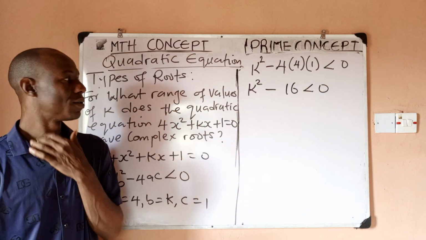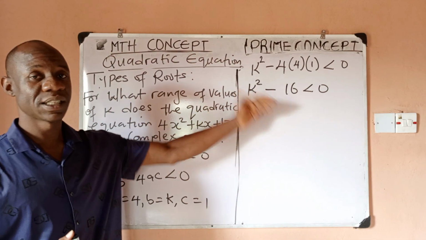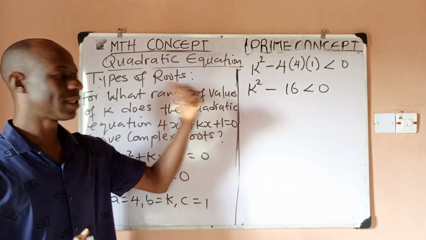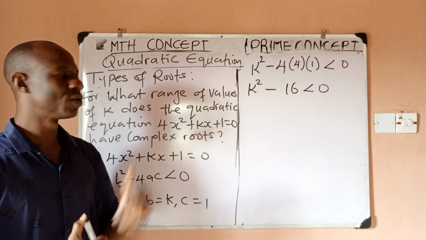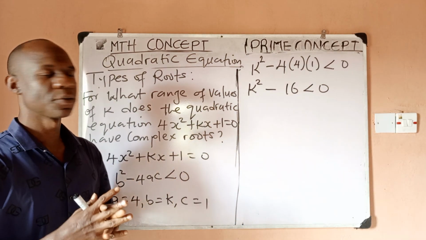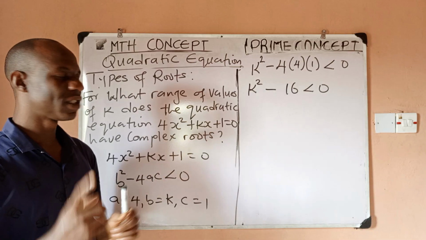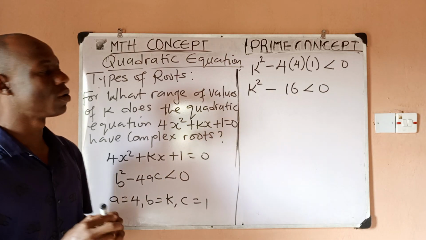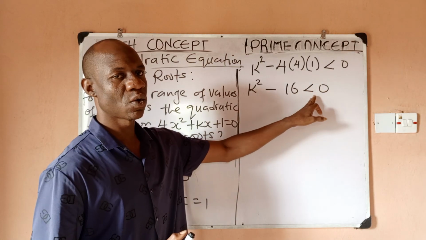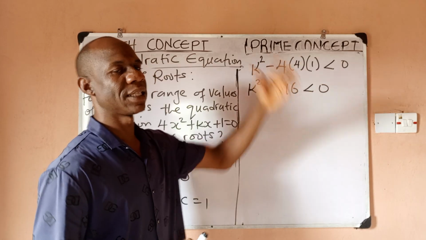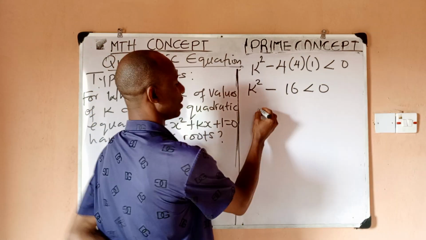So we want to find the range of values. So it's an inequality. That's why they are saying range, right? Not just the values of k, but range. Now, how do we solve inequalities? Very simple. What first step I want you to follow is to ignore the inequality. Solve as an equation. So I'll do this. Follow me.